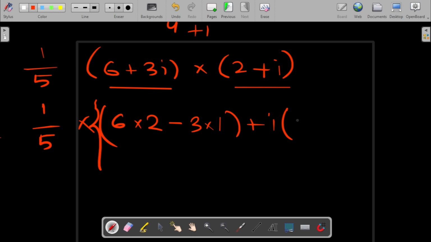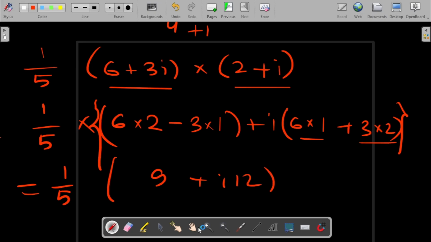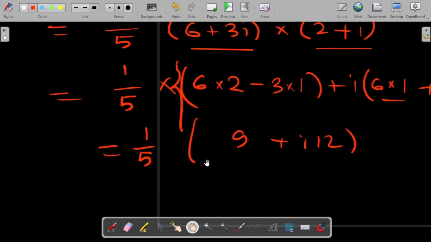So here a is 6 and d is 1, plus b multiplied with c. So b is 3 and c is 2). So this equals 1 by 5 and this equals 12 minus 3, 9, plus i, here 6 plus 6, so 12. So 9 plus 12i.